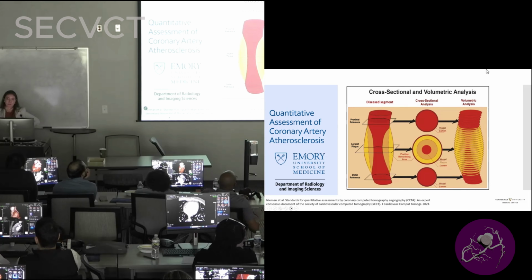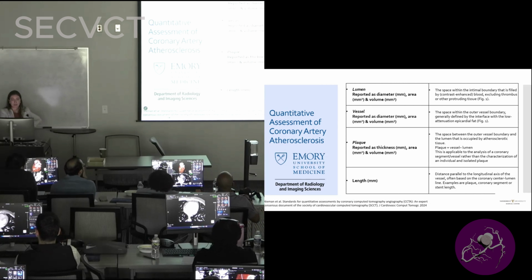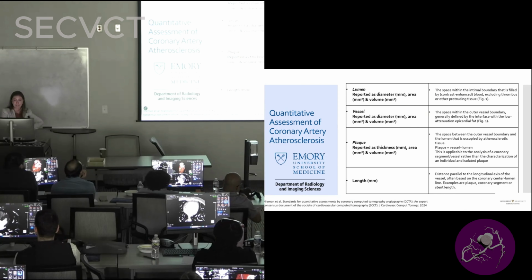Just scrolling through these really quickly in the interest of time, the software is going to be analyzing the plaque by volume, by diameter, in different sectional views. I'm going to mention the variables here so that you know that this is reported in the expert consensus document of 2024 from the SCCT. So lumen, basically what's inside.